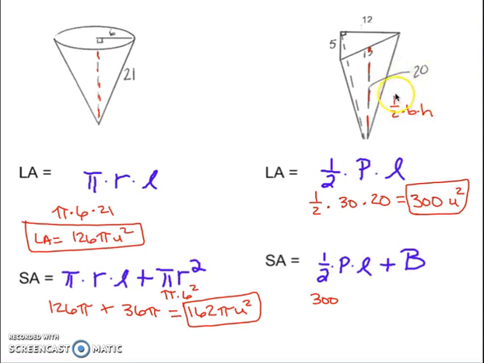So in order for me to figure out my capital B, I only look at the base. So this little triangle up here is my base. And I'm looking for my capital B, so my height is 5 and my base is 12. So I would take 1/2 times 5 times 12.